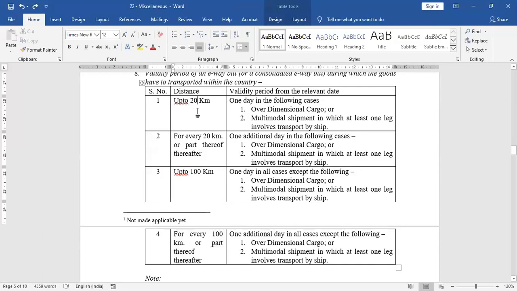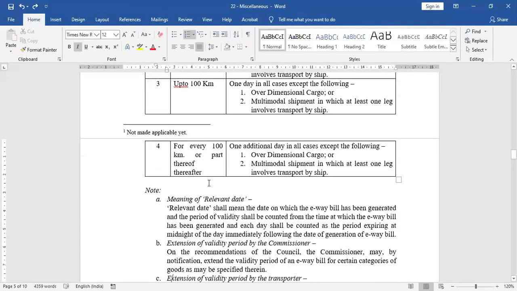So my first 2 points are for over dimensional cargoes, heavily loaded trucks, and my other 2 points are related to trucks which are not heavily loaded, not over dimensional cargoes. For over dimensional, 20 kilometers, 1 day. For not over dimensional cargoes, 100 kilometers, 1 day. You are supposed to learn the validity period.